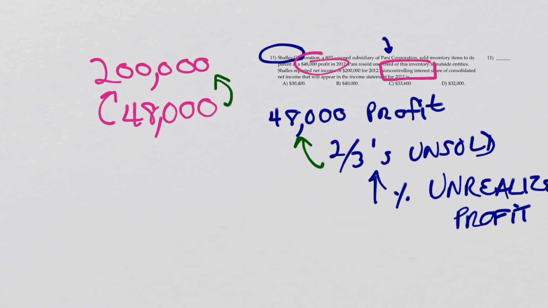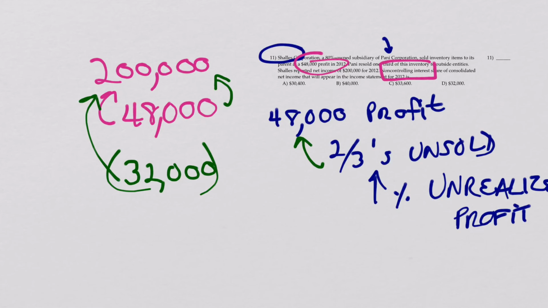So 48,000 divided by 3 times 2 gives us $32,000, and that is the unrealized profit, $32,000. So of the amount of profit included in the 200,000, we have to take out 32, thus leaving us with a subsidiary profit of 168 for real.